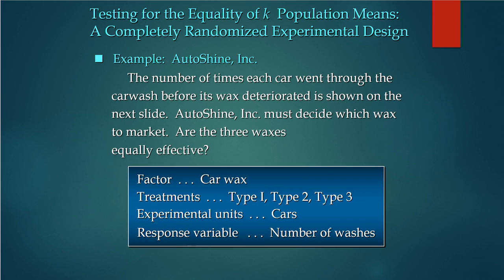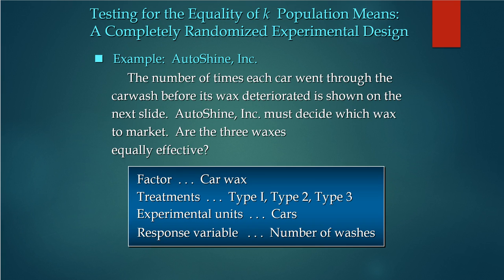In this case, the factor is the car wax. The treatments we are applying are type 1, type 2, and type 3, the different types of car wax. The experimental units are the cars, and the response variable is the number of washes it takes, that is, how long the wax actually holds up.